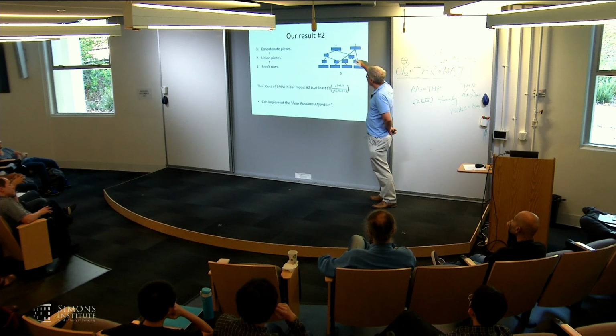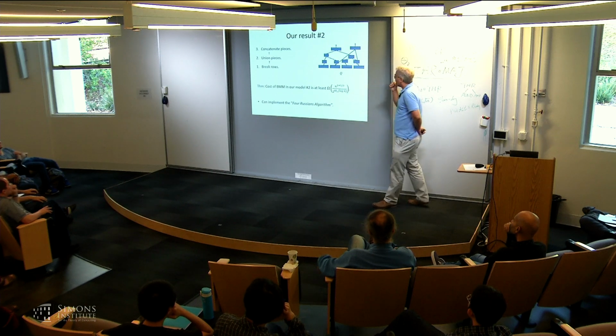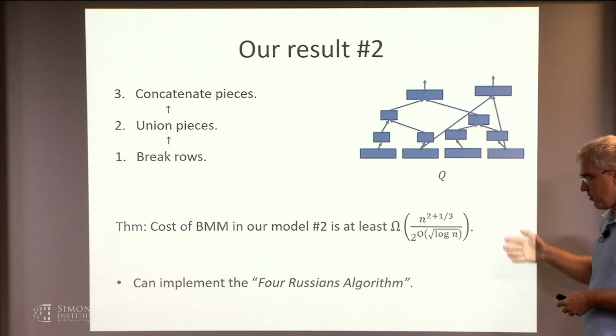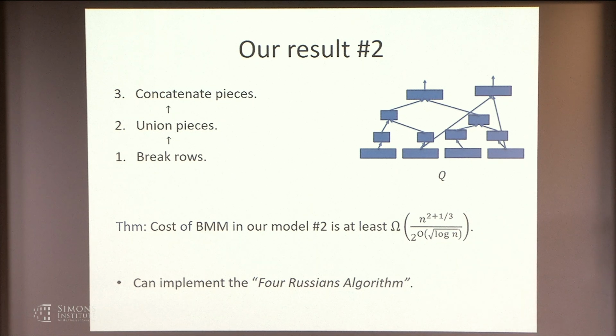So in this model, ideally we would like to have an algorithm which runs in quadratic time, an order n squared algorithm, which would correspond to having matrix multiplication in quadratic time. What we can show is that in this model, at least, it's not possible.